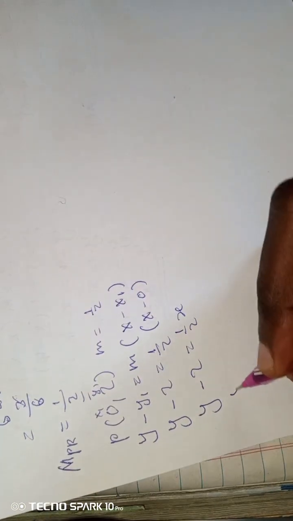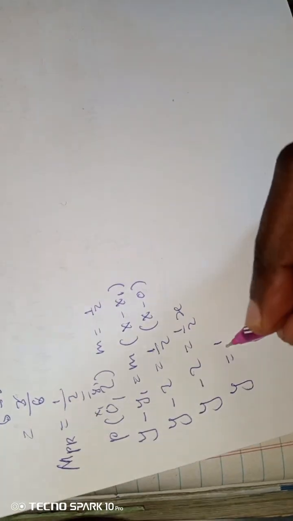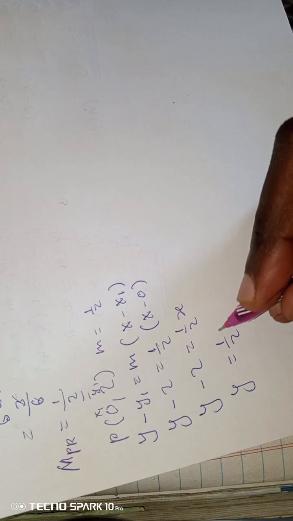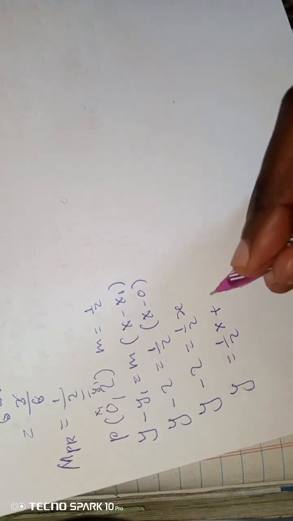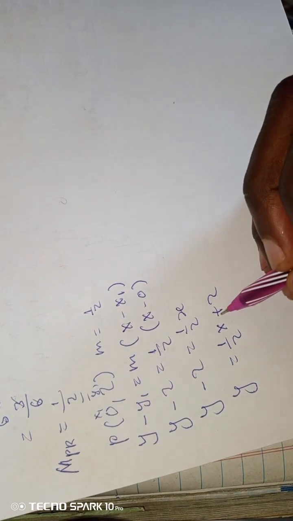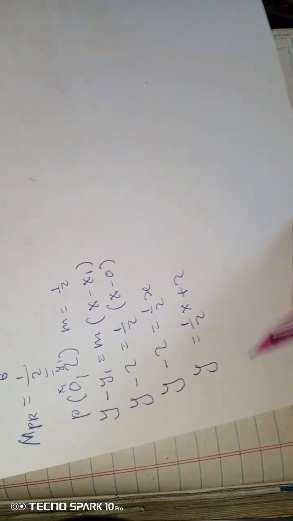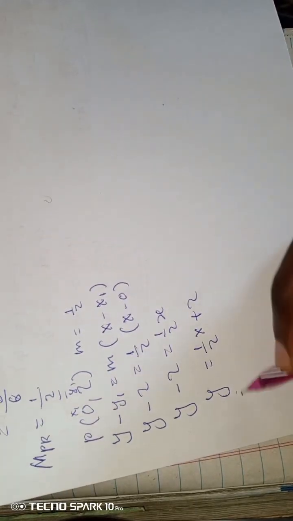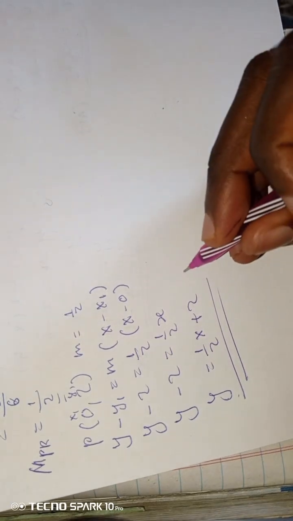Then here we'll have y equals 1 over 2 x plus 2. Since here 2 was negative, when it goes to the other side it becomes positive. So this will be the equation for PR.